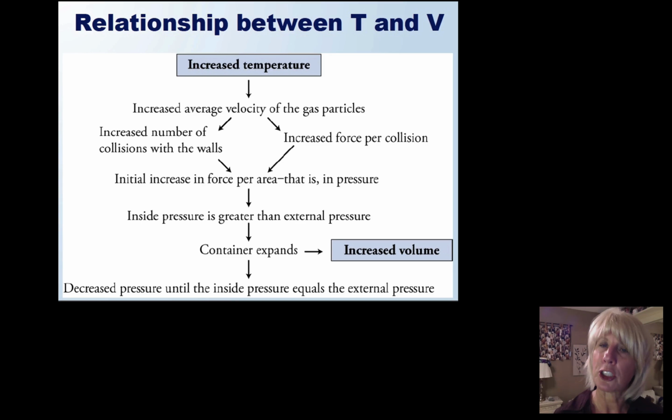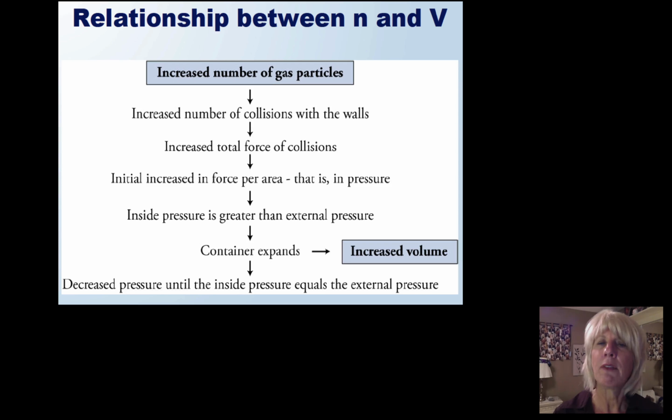What about the relationship between temperature and volume? Well, as temperature increases, volume increases at constant pressure and number of moles. And finally, the relationship between number of moles and volume. If I increase the number of moles of gas, I'm going to increase my volume at constant temperature and pressure.